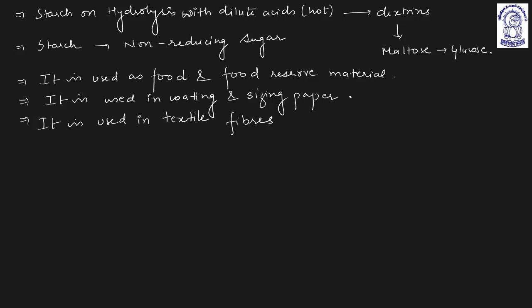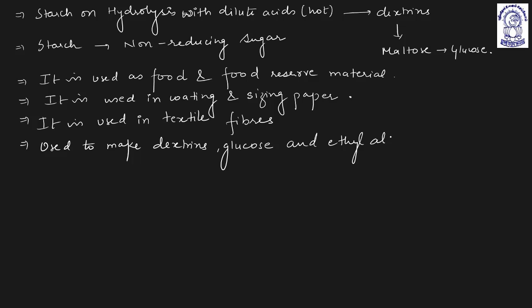It is also used to make dextrins, glucose, and ethyl alcohol. Starch nitrate is used as an explosive.